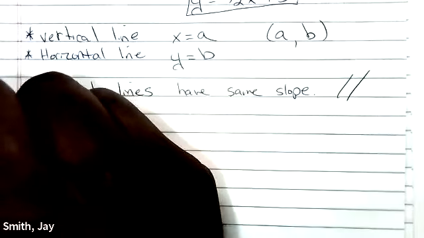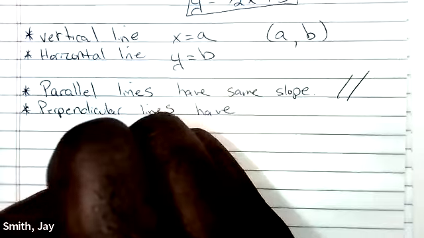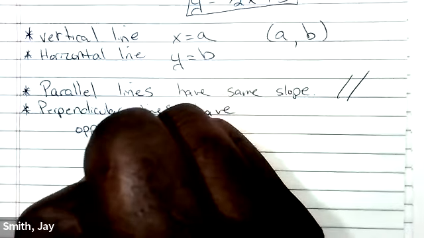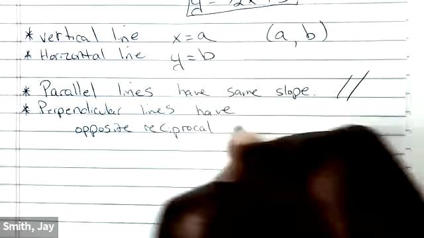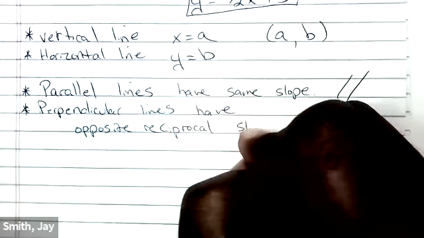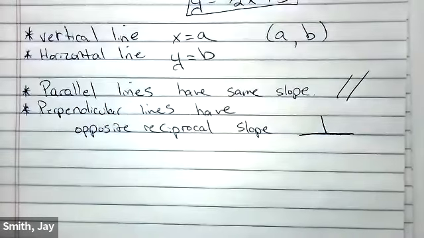Or perpendicular lines have opposite reciprocal slopes. Remember, perpendicular lines are two lines that intersect and form 90 degrees.